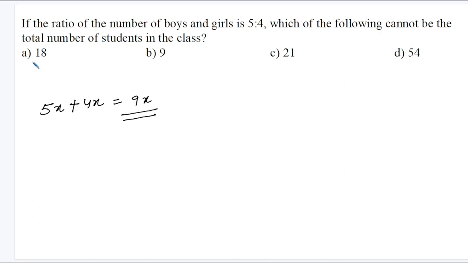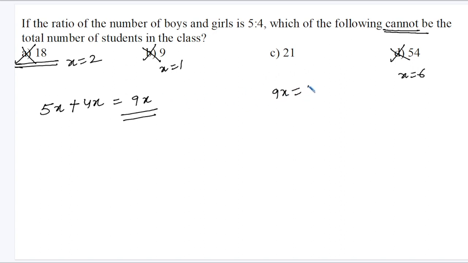So can the number of students be 18? Yes, it can be 18. If x is equal to 2, the total number of students will come out to be 18. So this is possible. I'm looking for which of the following cannot be the total number of students. B is also possible. If I have x equal to 1, I'll get 9 as the total number of students. 54 is also possible if x is equal to 6. 21 won't be possible.